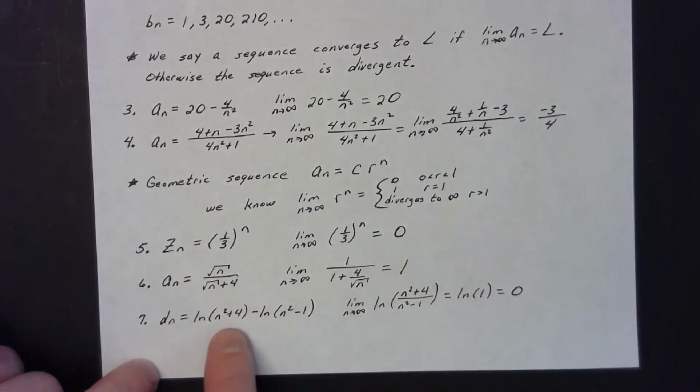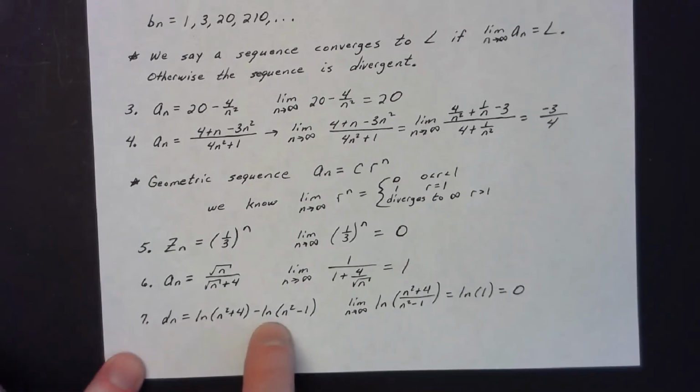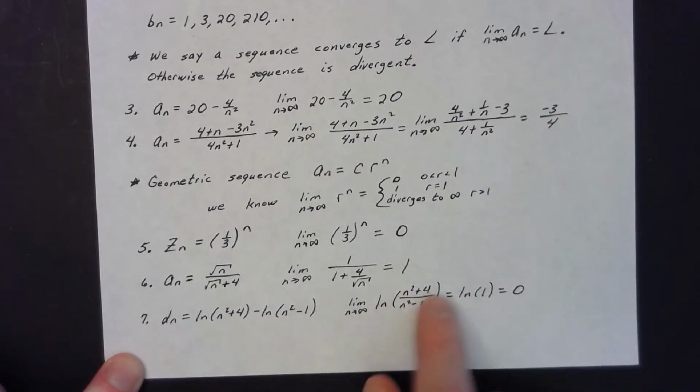Another sequence I want to look at here, what if I have some logarithms? Anytime you have logarithms like this, you should condense them down. It will be a whole lot easier to work with. When I'm trying to think about what this series converges to, or if it converges, I would just say these two natural logs can be written as the natural log of the numerator n squared plus 4 divided by the previous log that was subtracted, n squared minus 1.